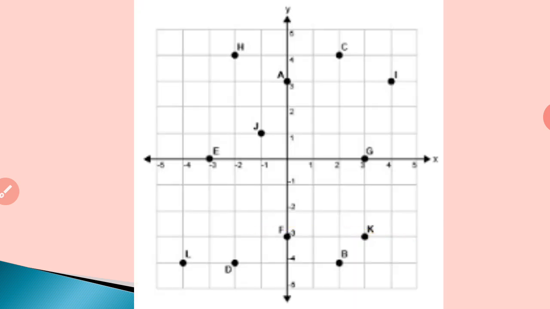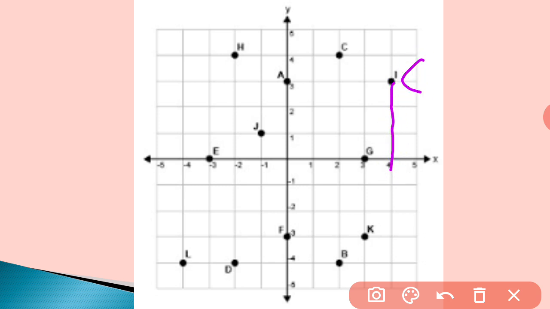Now we have certain points which are already placed and we are supposed to find out the coordinates. Now we'll go by the method. Here if I am starting with point I, I'll draw the first perpendicular from I to the x-axis and we have reached the point 4.